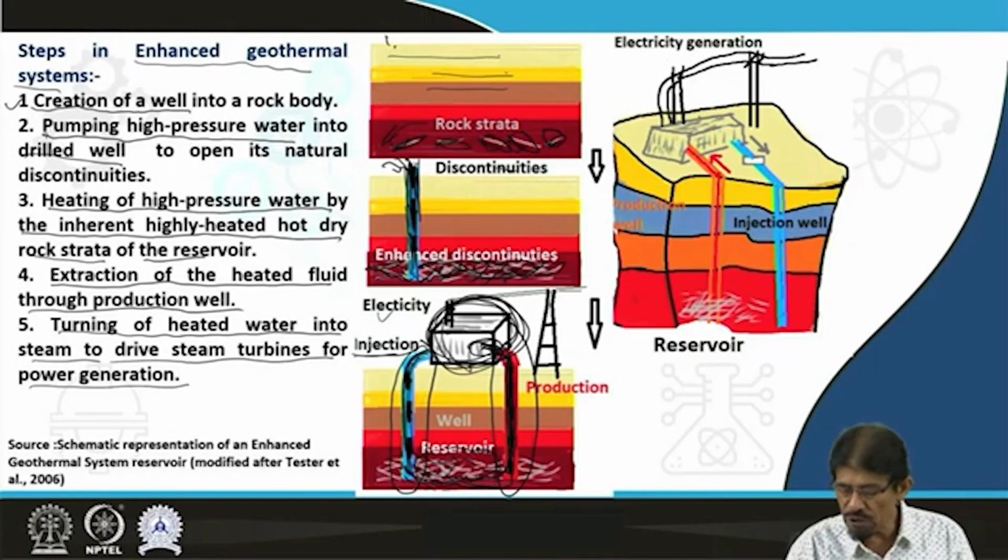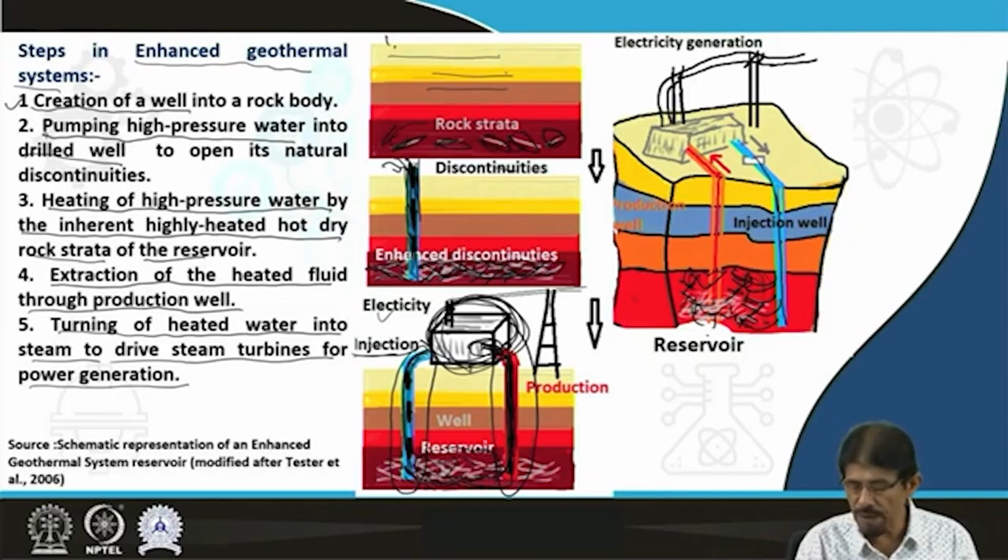You can see here, with the injection of water through the injection well, there is an enhancement in permeability, and when the injected water comes in contact with the hot source, it starts moving from a lower temperature to another temperature level, and that can be recovered through the production well in the form of steam.